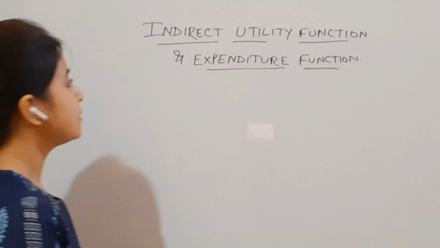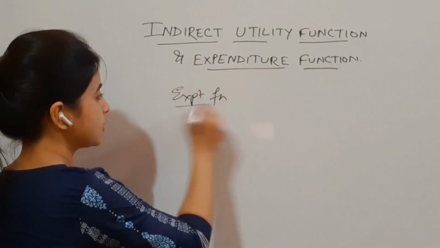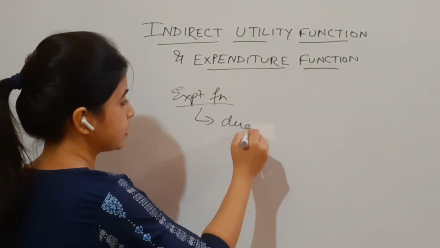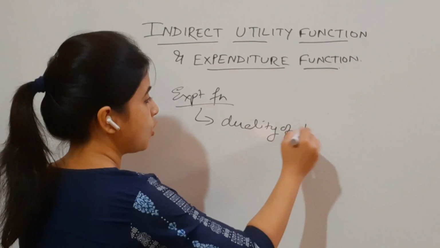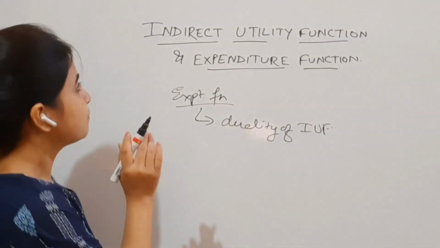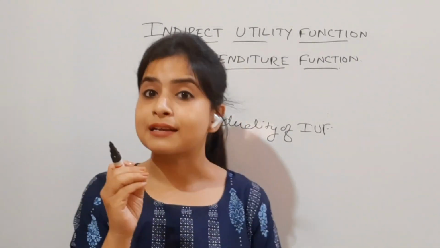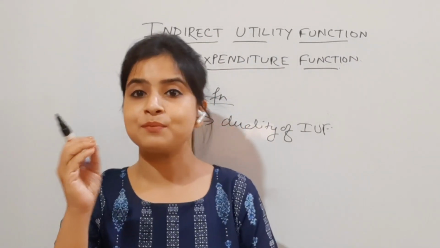Okay, now coming to the expenditure function. This is the first point: it is the duality of the indirect utility function. In the indirect utility function, we capture the maximum utility that can be achieved.